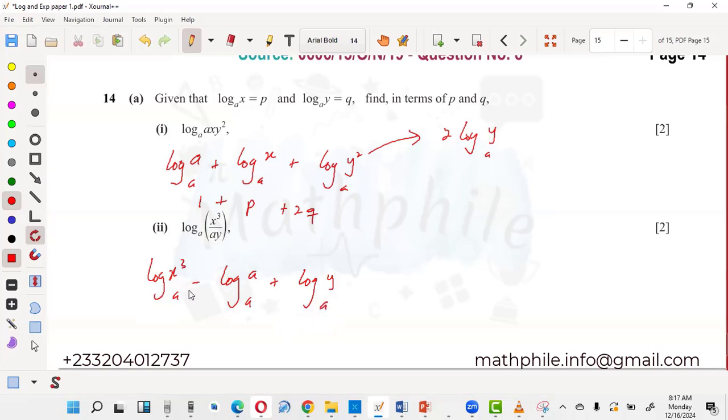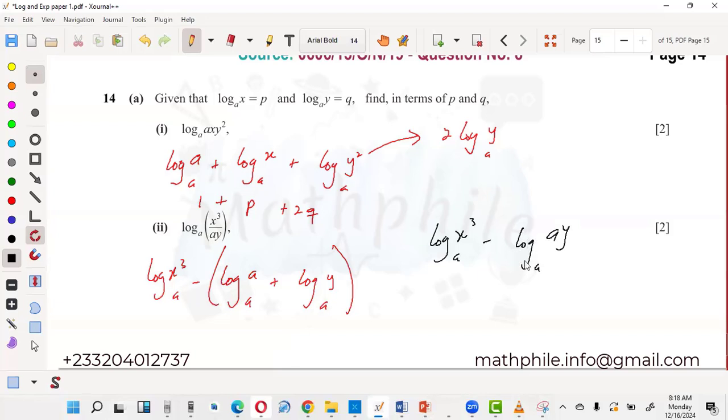I told you that anytime you deal with minus, make sure you bring a bracket around it. Is that okay? Yes. So I was expecting you to give me this one, log x cubed base a minus log ay base a.